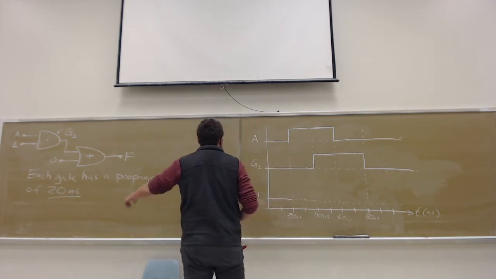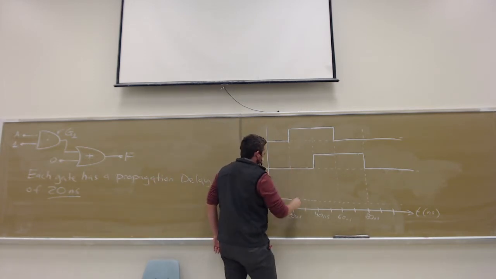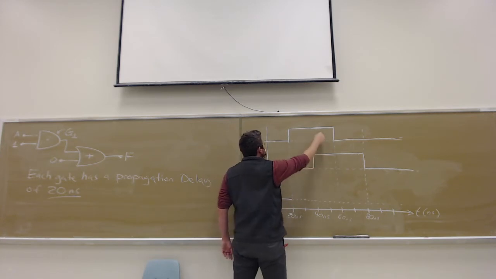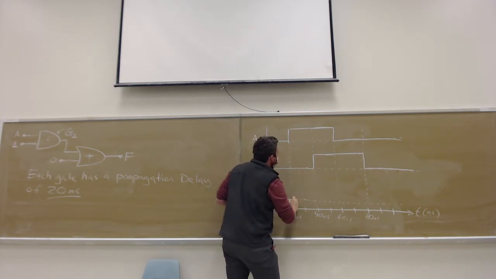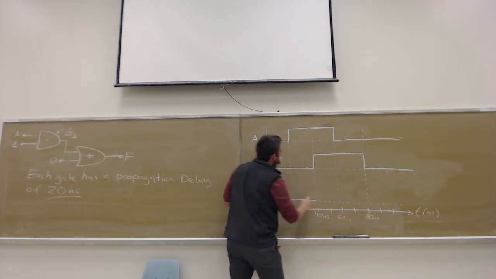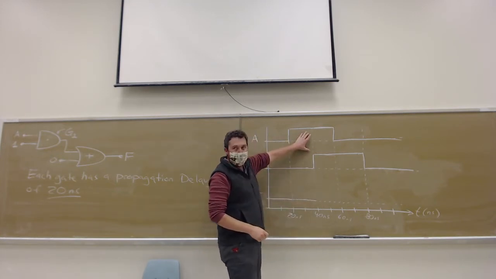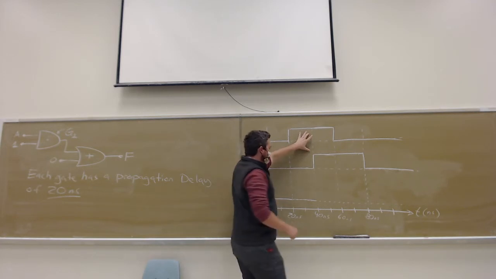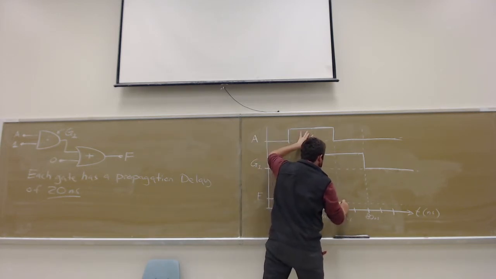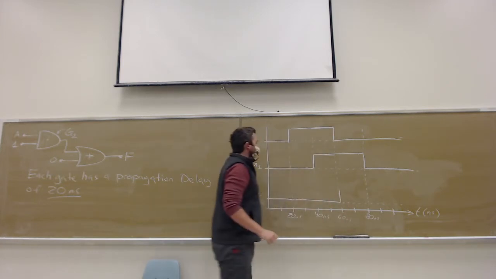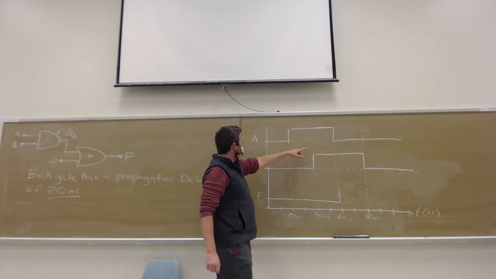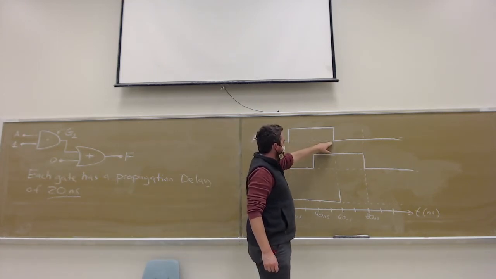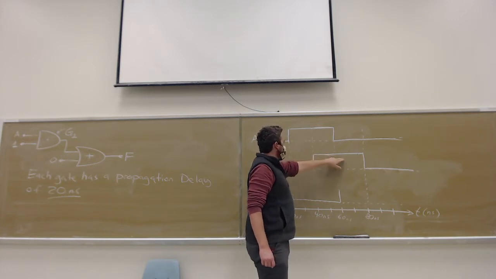Now let's talk about our output F. So we had 0 and 0. When A and G1 are both 1, what is F going to be equal to? 1. The input conditions don't even exist until here at 40 nanoseconds, which means it's going to take 20 nanoseconds for F to click over. And then A goes back to 0, but it takes 20 nanoseconds for G1 to go back to 0.